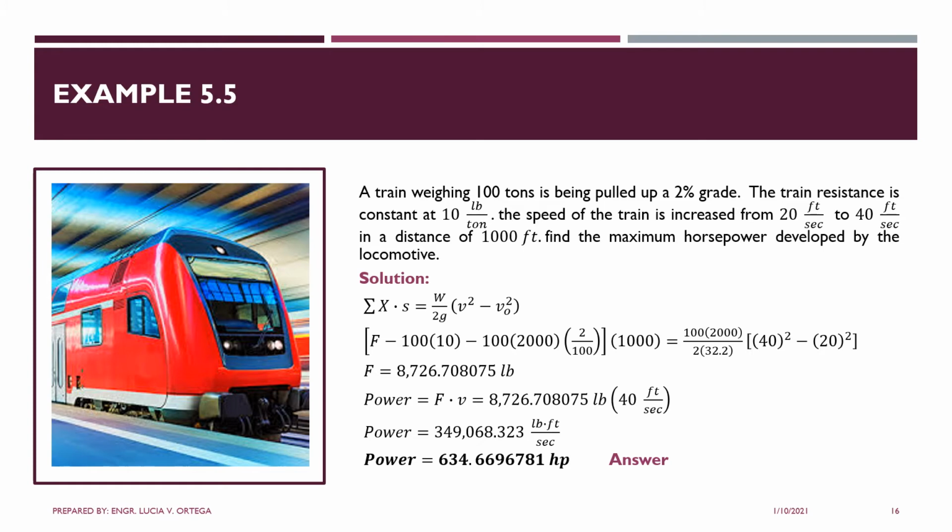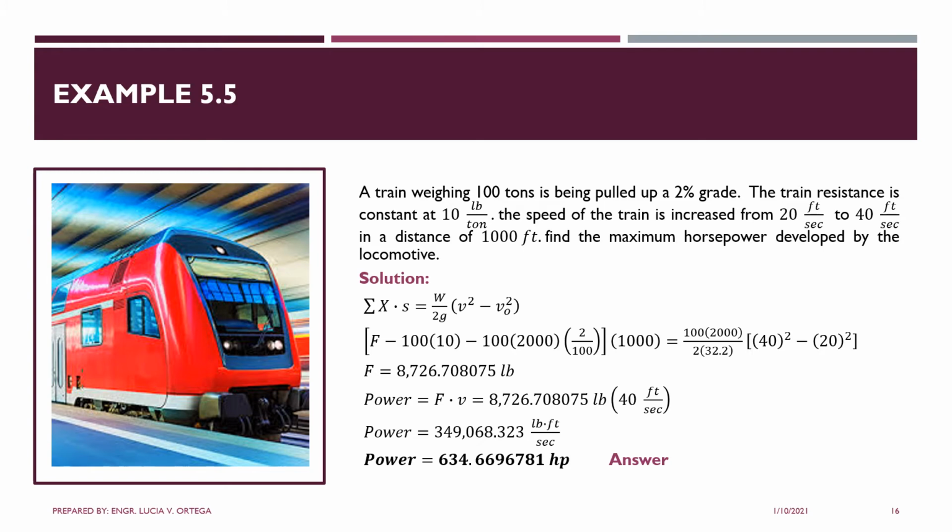The kinetic energy is 100 tons times 2,000 pounds per ton over 2g, times the final velocity squared minus the square of the initial velocity. Solving that equation, you can solve for the force exerted by the locomotive. Solving for power, power is force times velocity. Of course, we have to use the final velocity.